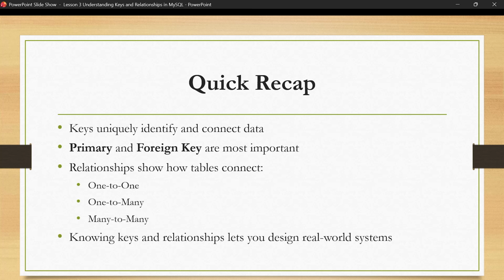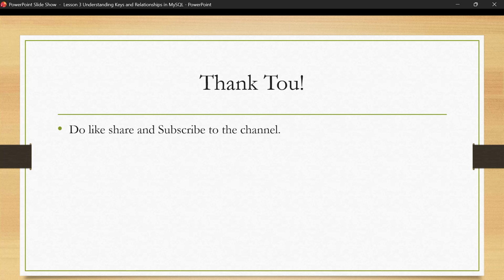But one to many and many to one are both the same, so that's why we prefer one to many. Once we understand how to design tables with the help of keys and relationships, we can model any real world system, whether it is school data, hospital management, or an e-commerce website.